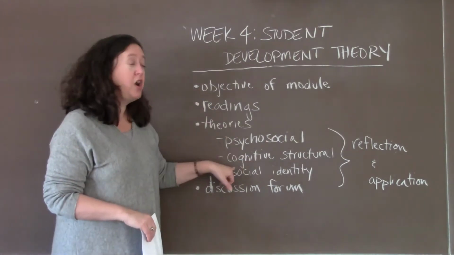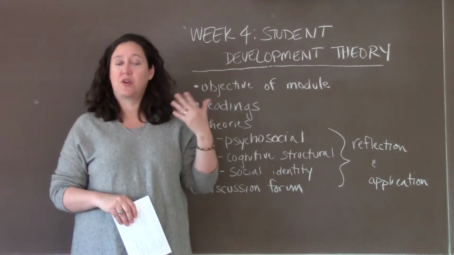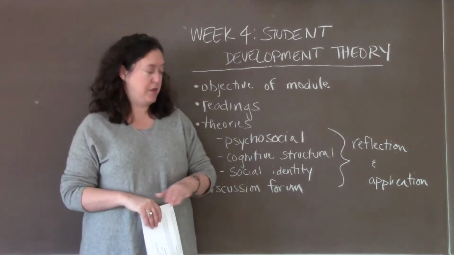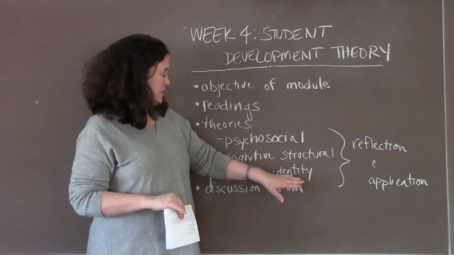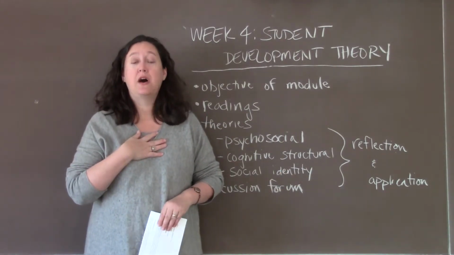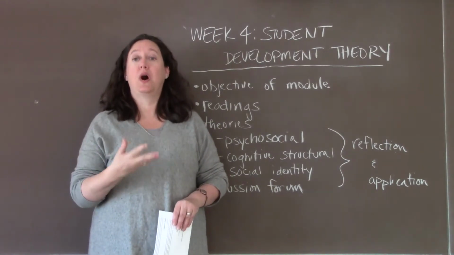So the word cognitive is pretty familiar to everybody and has to do with how our brains process information. That's what the second theory is exploring. The third theory is social identity theory, and the key word here is the identity. How do we understand ourselves? How do we identify? Which groups do we identify with and why?